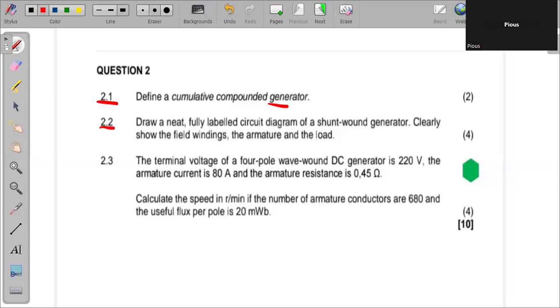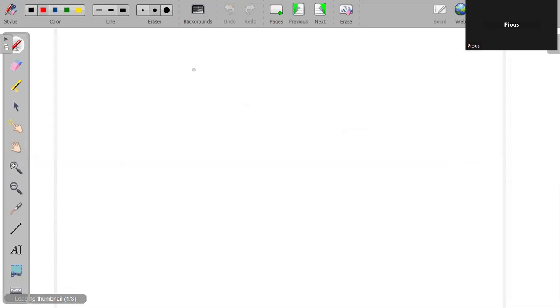Right, let's go to 2.2. Draw a neat, fully labeled circuit diagram of a shunt wound generator. Clearly show the field windings, the armature, and the load, which means these need to be indicated on the diagram. So number one, we can start with the armature, this side.